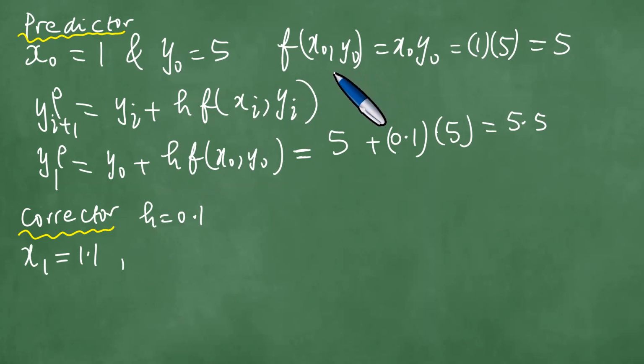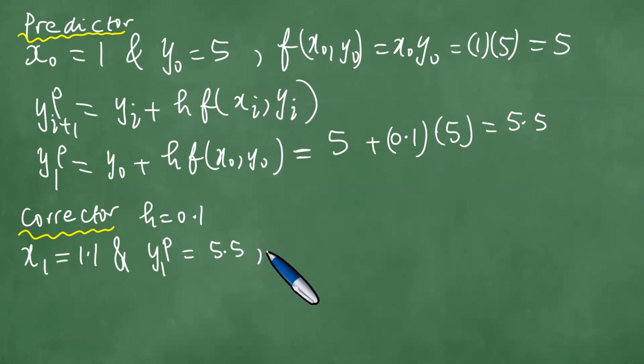But we've already got this y. So the x1 goes with y1 predictor, which is 5.5. So it's always the x and the corresponding y.